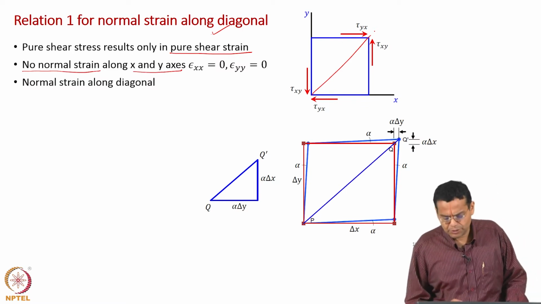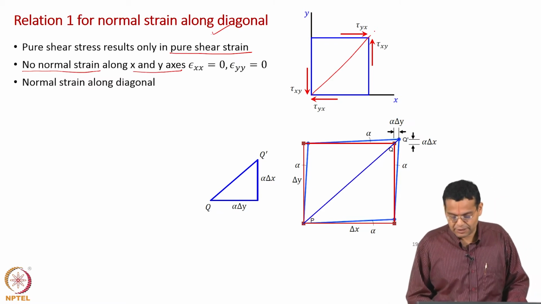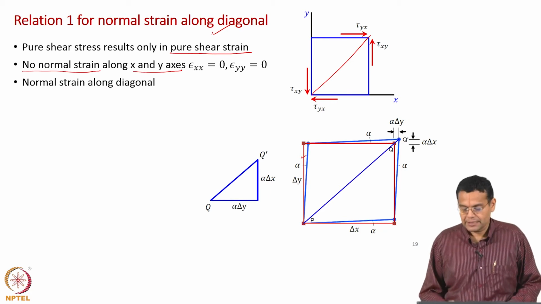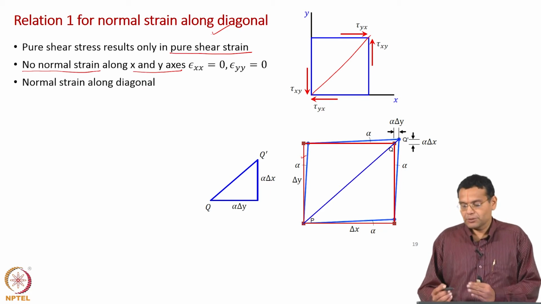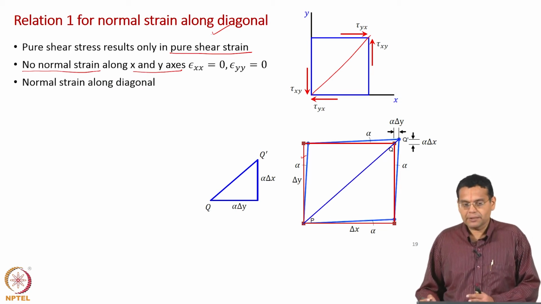Now, what is shown here? This diagram is similar to the diagram which we have seen earlier, in the previous recall slide. The red boundary shows the initial state, which is subjected to pure shear stress and results in the final state given by the blue boundary.